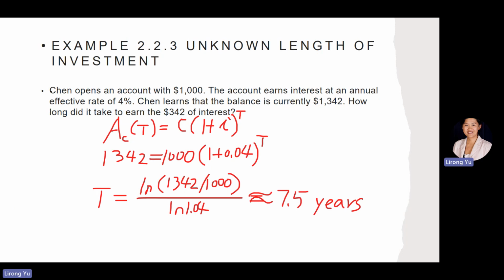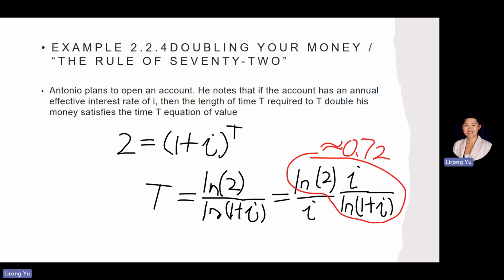And in the second example, we have a time t that's unknown. So you set up the equation of value, which is future value equal to present value times the accumulation function. And that's how we get this t solved. In this question, we're trying to find the doubling time, and t will be how much time it takes for the money to double. And this is something that's called the rule of 72, because logarithm 2 times i divided by logarithm 1 plus i has a value very close to 0.72.